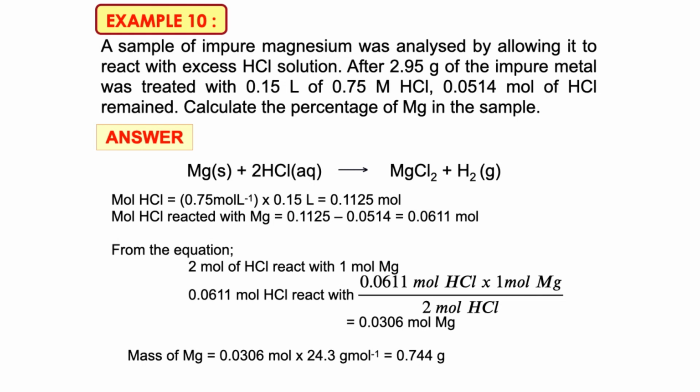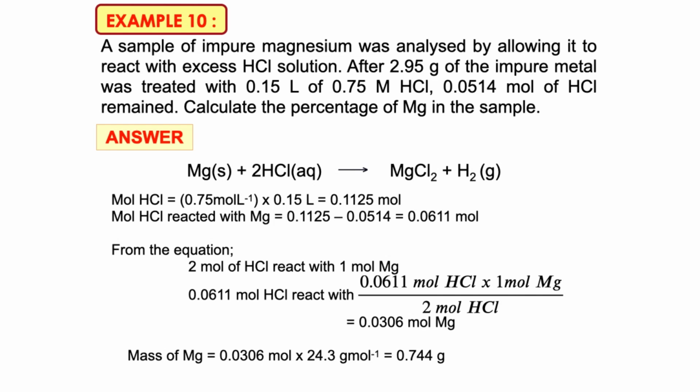Okay, so 0.0306 mole of magnesium is the mole of magnesium that used to react with the 0.0611 mole of HCl.